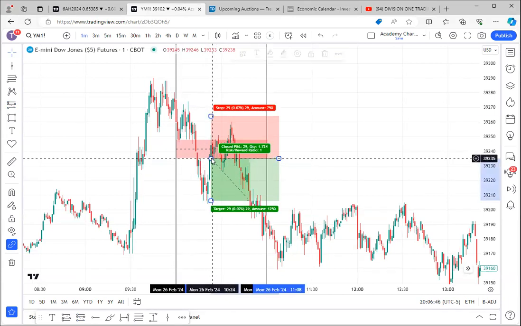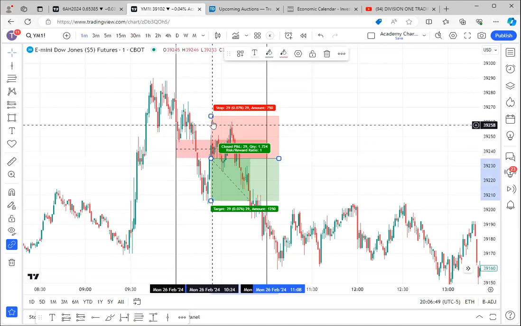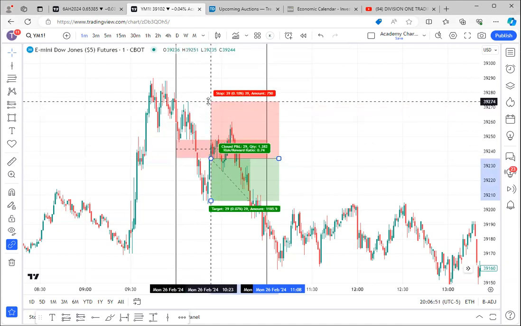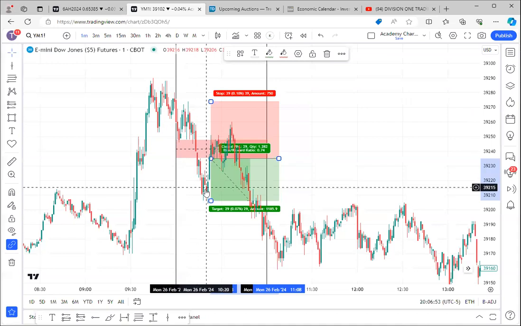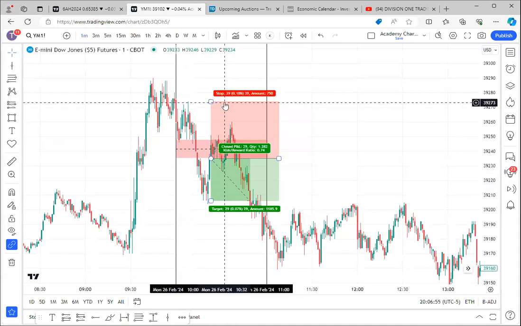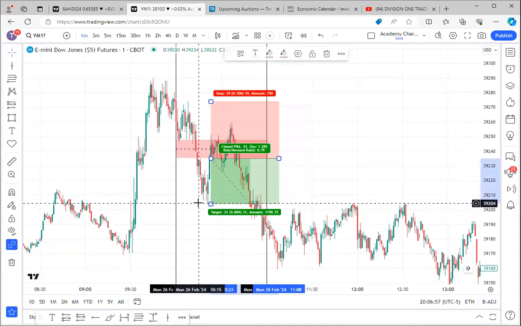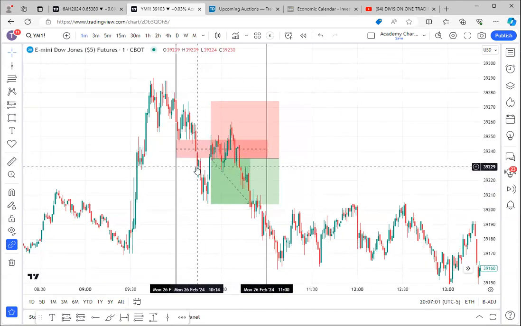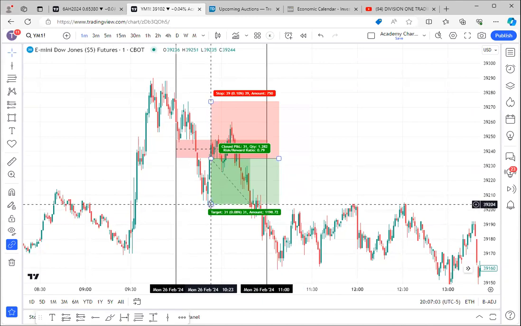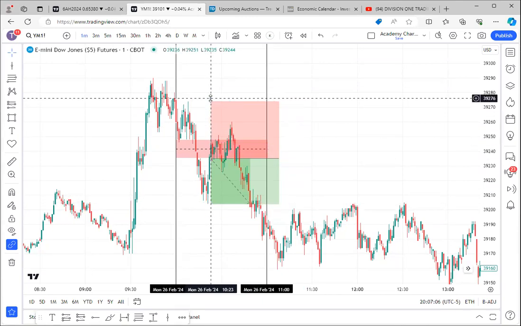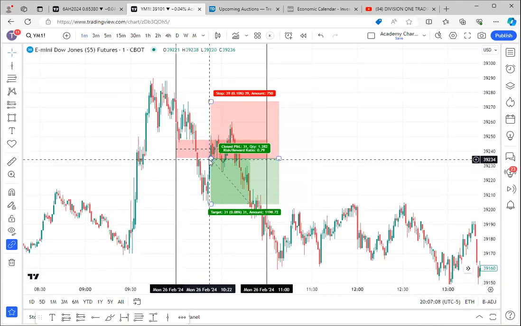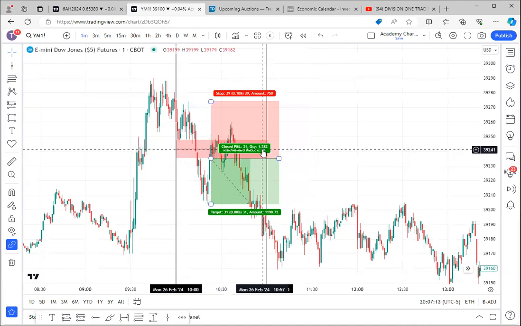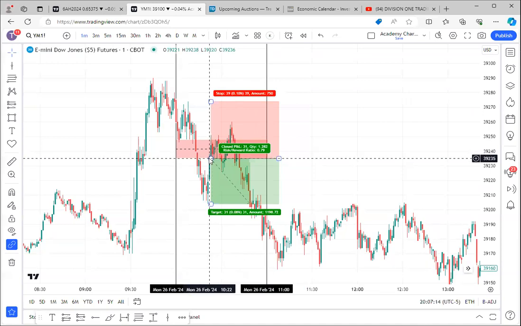If you went short here, you're obviously going to have a larger stop. Say that we're just using that previous high on the swing. You're going to have a larger stop. So if we just took out the previous low, we're not even at a 1-to-1. So if this was going to be your take profit and this was going to be your stop, this would not be a great area to enter. I would say you need to look for at least 2-to-1 on these setups if you're going to take them.